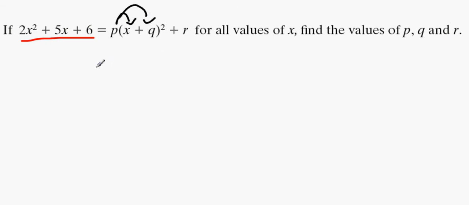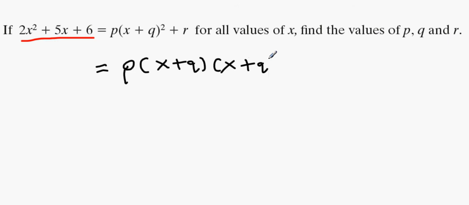So what we're going to get is p multiplied by that is px. P multiplied by, oh sorry, I didn't have to square this first, excuse me. It's going to be p multiplied by x plus q into x plus q, plus r. And what we're going to have to do next is multiply out these two first.